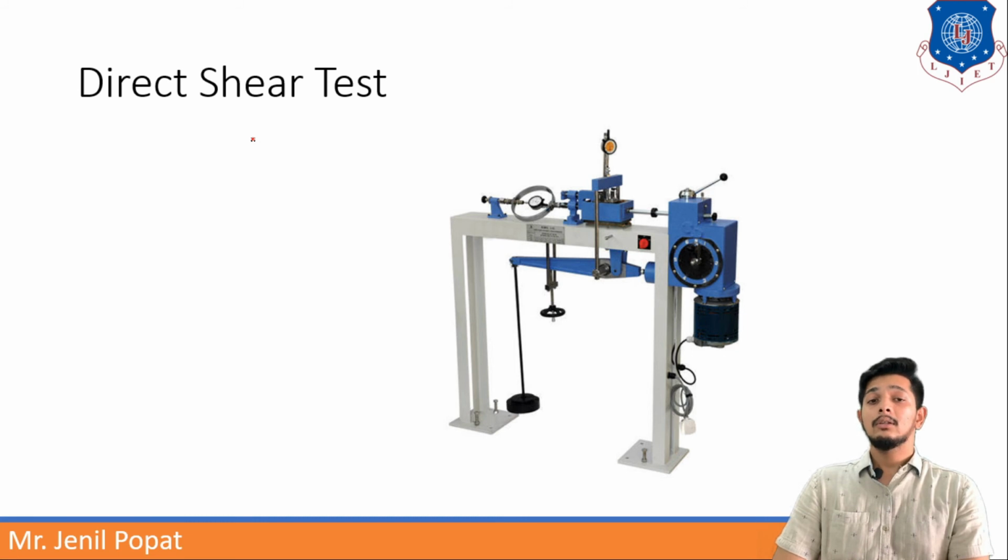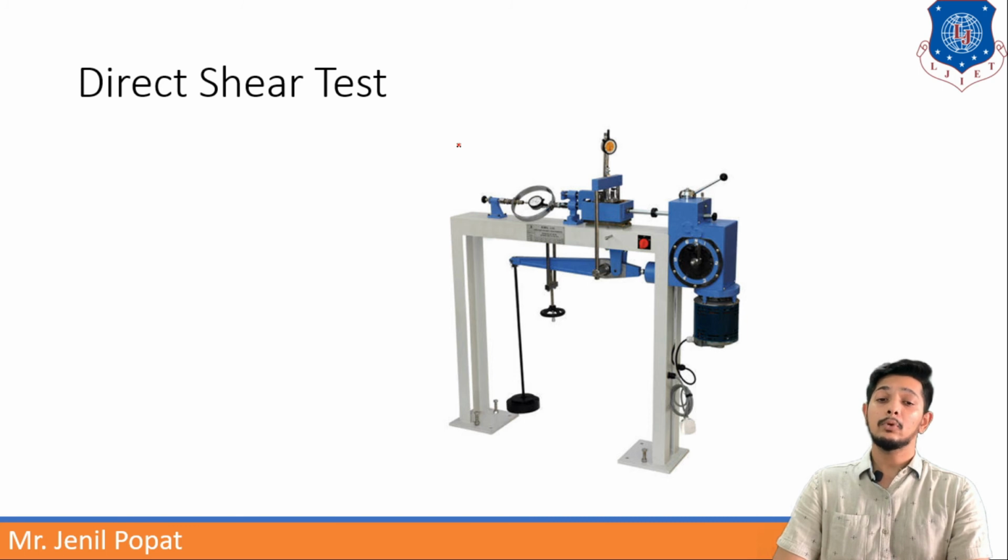In the center portion, you can see the blue box. In that blue box, one soil specimen is kept, and dial gauges and a proving ring are attached to it. They will give different types of measurements, and we can also apply normal stress as well as shear stress to this specimen through this test.